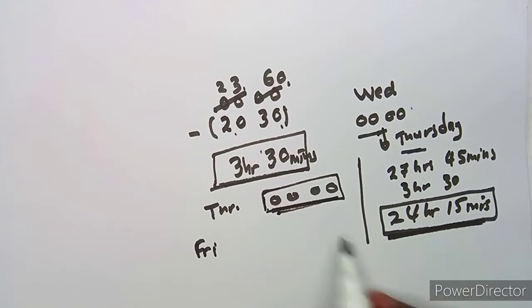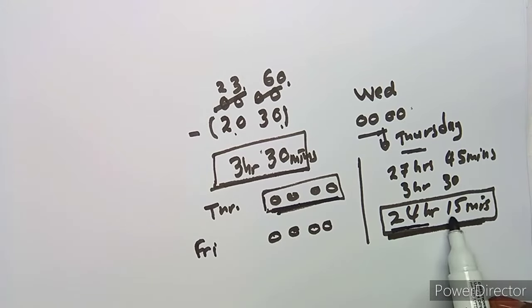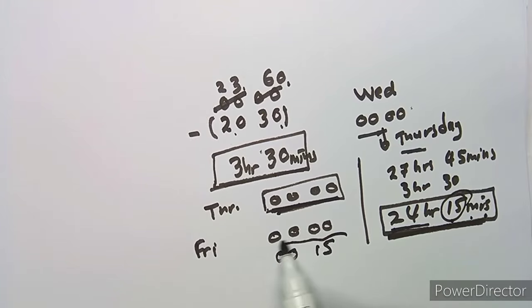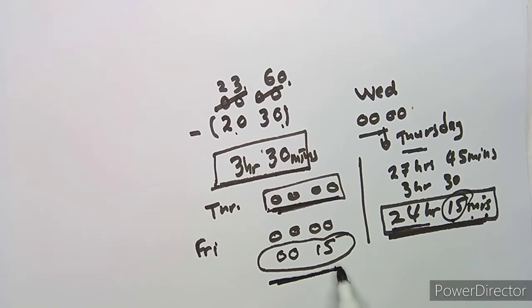So it is going back to 0:00 on Friday. But how many hours are going to remain from these 24 hours 15 minutes? 24 minus 24, we are going to remain with 15 minutes. So this is going to be 00:15 on Friday, not on Thursday, the following day. That is the time the train had to reach Bedbridge.